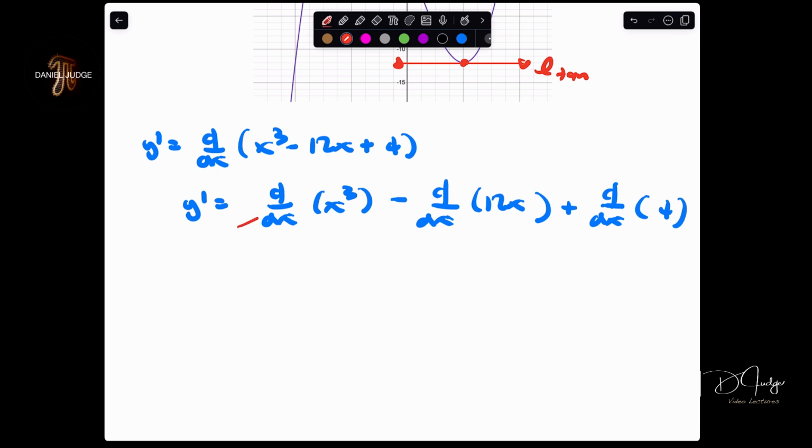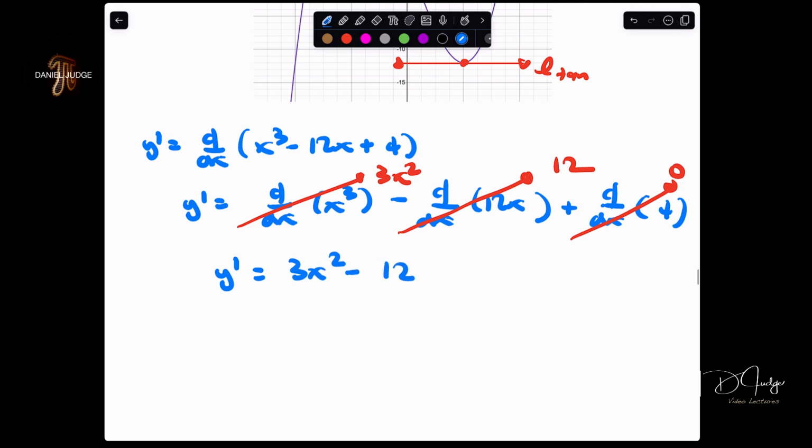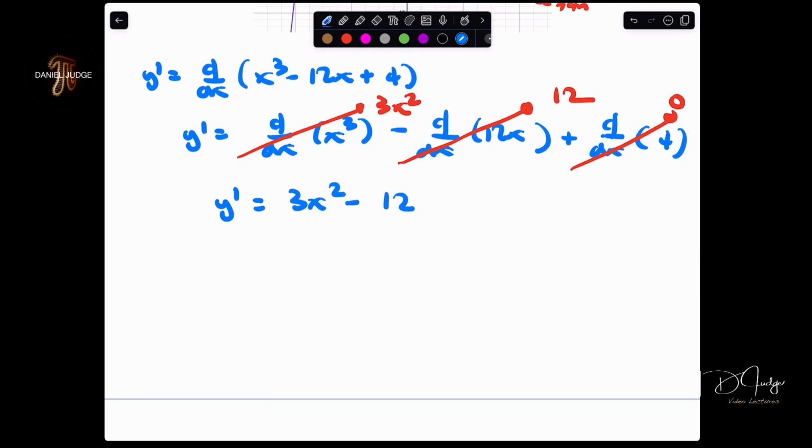Here's what we get: 3x squared, 12, and 0. So we have 3x squared minus 12. There's our derivative. We're going to set that equal to 0. So if we set y prime equal to 0, 3x squared minus 12 is, in fact, 0. And we have to solve for x. Don't forget that part.